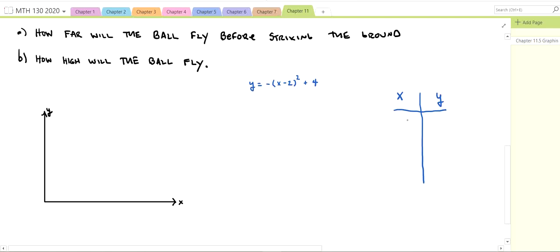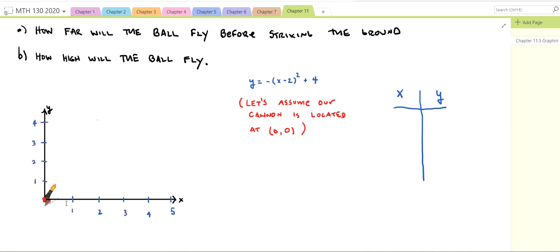Well, let's first assume that our cannon is located at the point 0, 0. So here on our Cartesian coordinate, I've just put a little image of a cannon here at the 0, 0 point. So this point where this cannon is located is 0, 0.